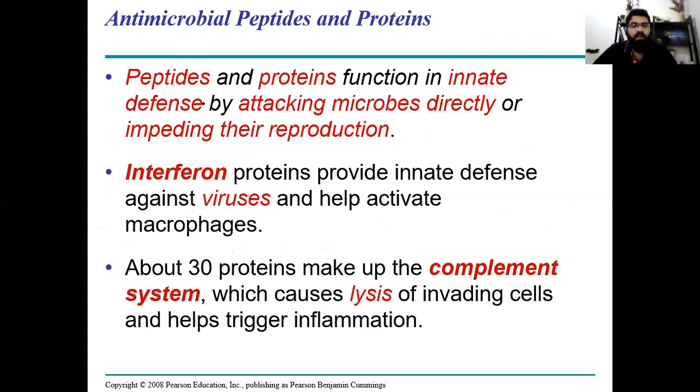Antimicrobial peptides and proteins, peptides are short proteins or full proteins, function in innate defense by attacking microbes directly or impeding their reproduction. They destroy the microbes directly or stop their reproduction.